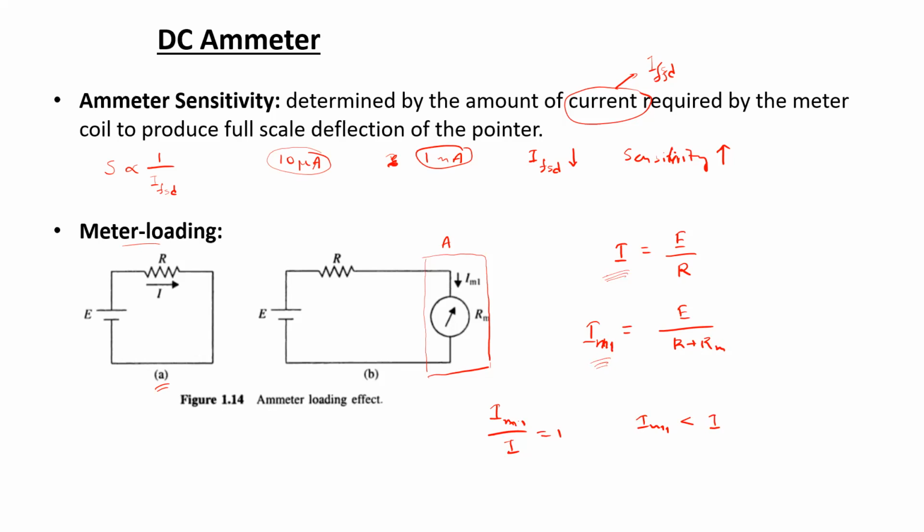So it is necessary that the value of this resistance of the PMMC is kept as low as possible, so that it itself doesn't act as a load.